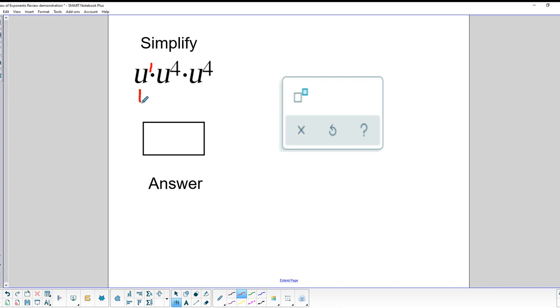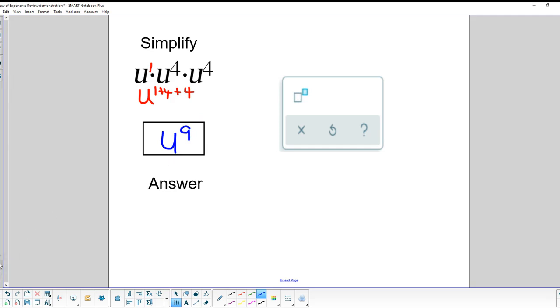So this is going to give us u to the 1 plus 4 plus 4. So when we add those exponents together, we end up with u to the 9th power. Pretty straightforward, pretty easy rule to follow.